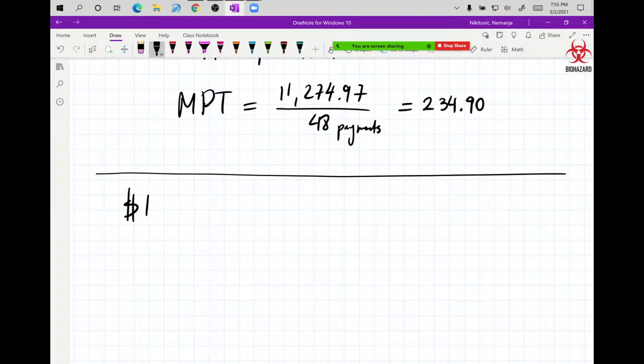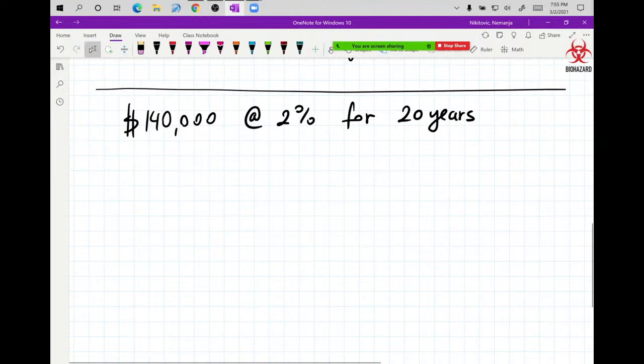Great. $140,000, let's say at 2% for 20 years. So I want you to repeat the calculation we just did for these numbers and get me the monthly payment, which you will have to pay every month for 20 years after you graduate. And I'm going to go get the new cooling pad.